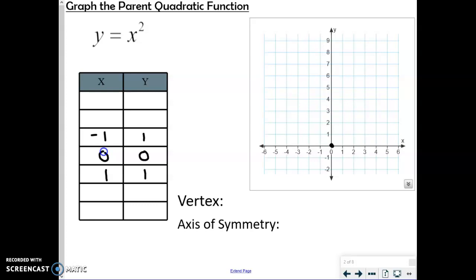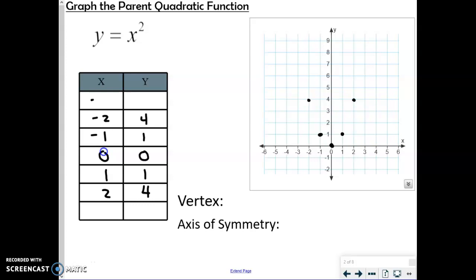So there's the mirror image, -1, 1 and positive 1, 1. And if we continue that pattern, -2 and +2, both squared, is 4. So we have -2, 4 and +2, 4.